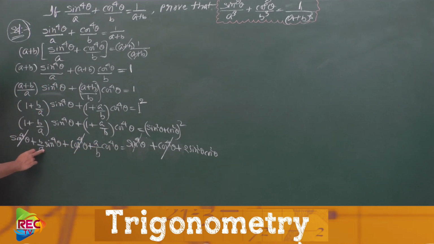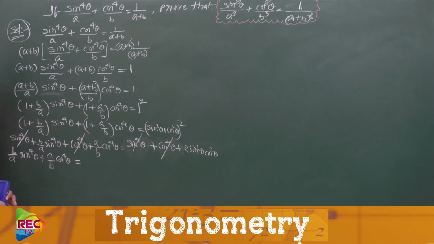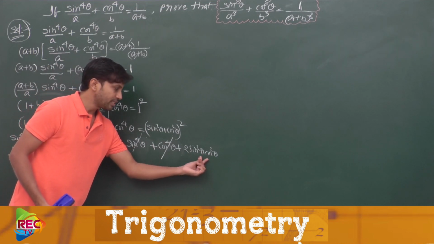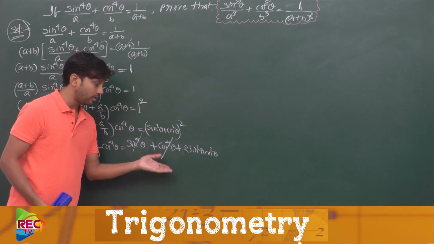Now, what are the terms left over here? (b/a) sin⁴θ + (a/b) cos⁴θ equals, on the other side, 2 sin²θ cos²θ, right?